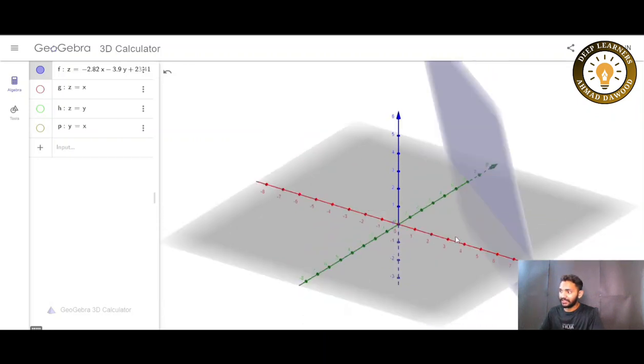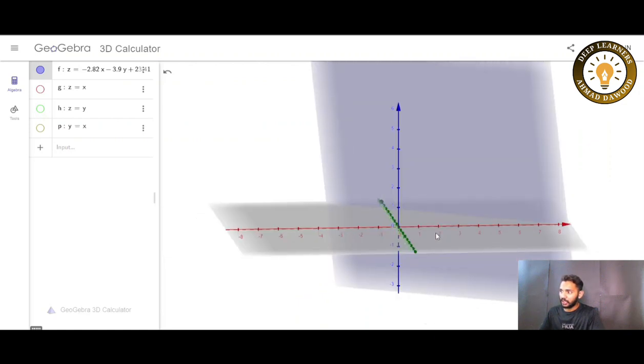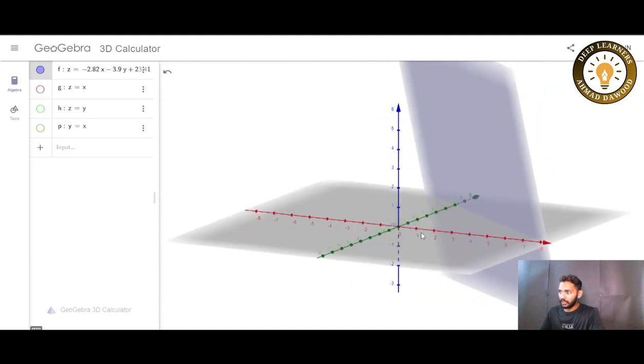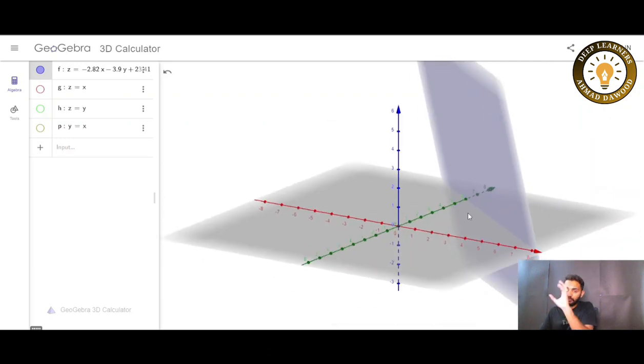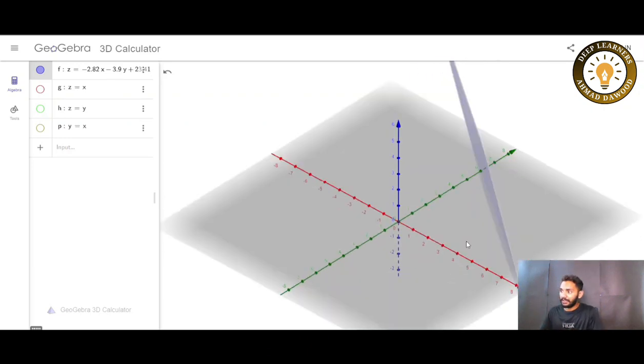This red is the x-axis, green is the y-axis, and this blue is the z-axis. You can see the red axis is horsepower, on the green axis there are weights, and on the blue axis you have miles per gallon. In three dimensions you have some data points, and this is your model.